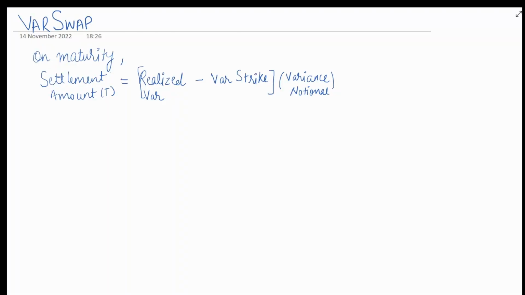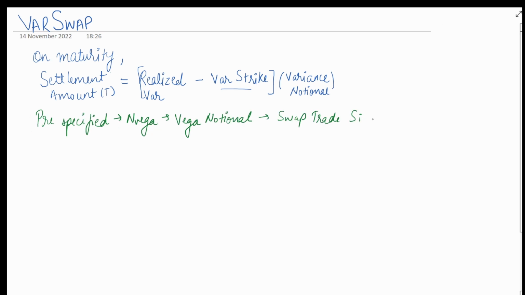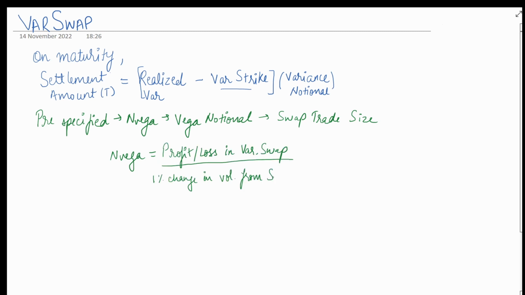So moving on, at point T, at maturity, the settlement amount is equal to (realized variance minus variance strike) times variance notional. Among these, the variance strike is already mentioned in the contract. Vega notional, also denoted by N Vega, which is basically the variance swap trade size, is also mentioned. Vega notional tells us the profit or loss in the variance swap for a 1% change in volatility from strike.